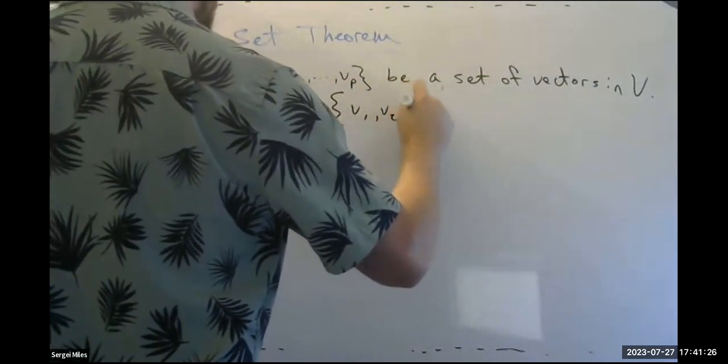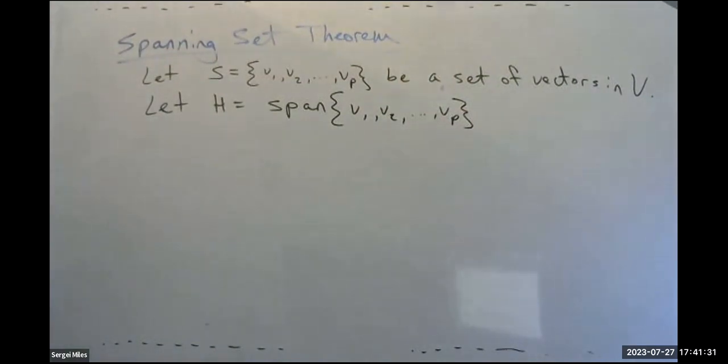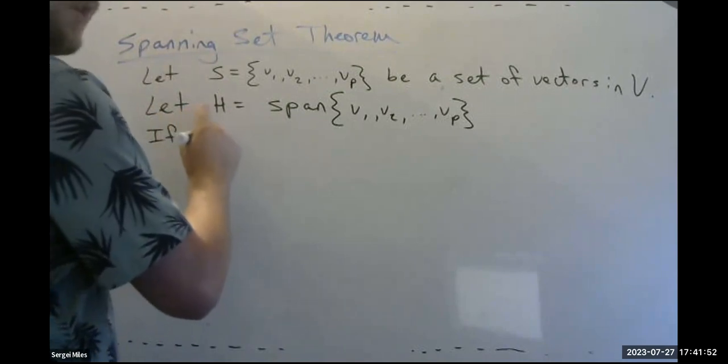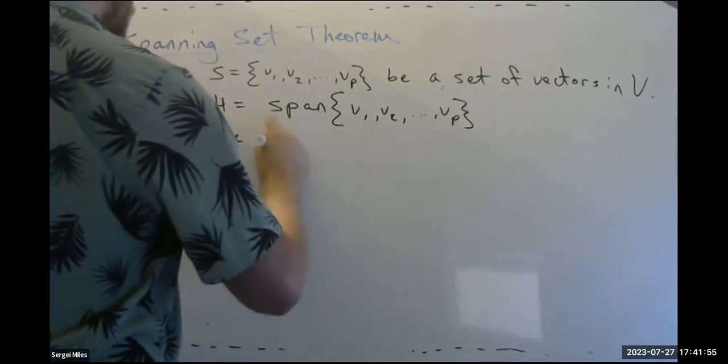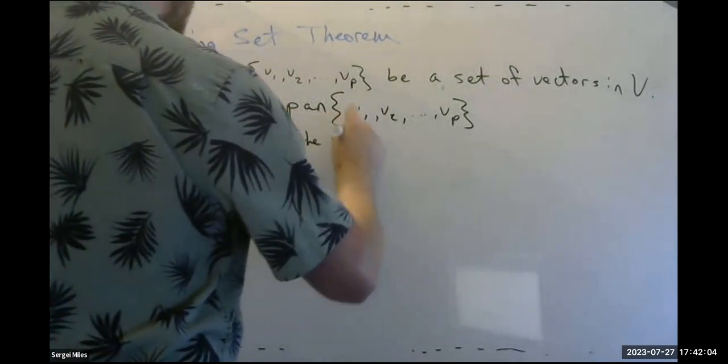So this is just like the example we were just talking about. You have some space, which is the span of some vectors, but maybe it turns out one of the vectors is a combination of the others, like we saw where V3 was V1 plus V2. Maybe there's some vector which is linearly dependent on the other vectors. So if one of the vectors in S, let's just call it VK.